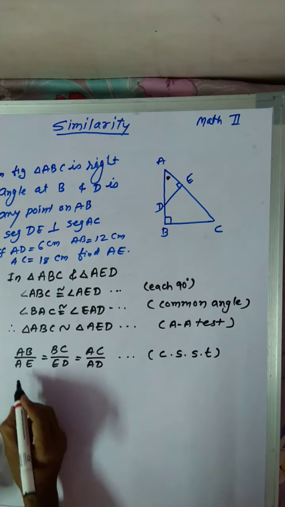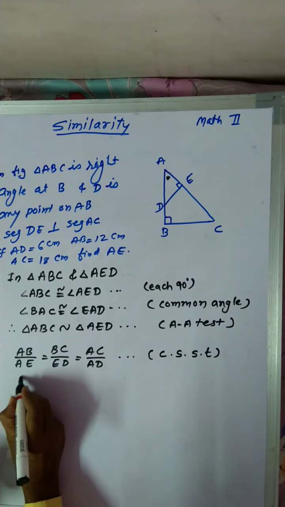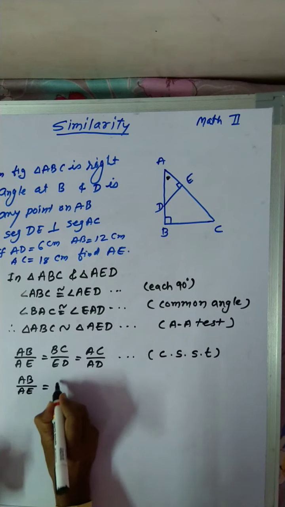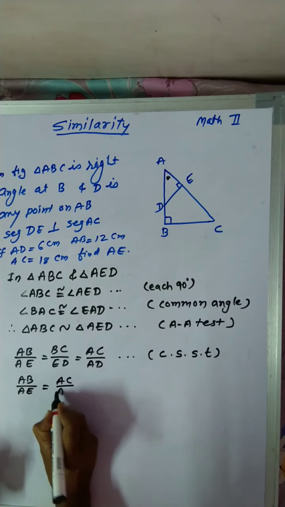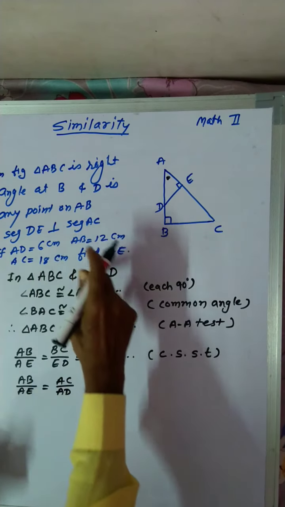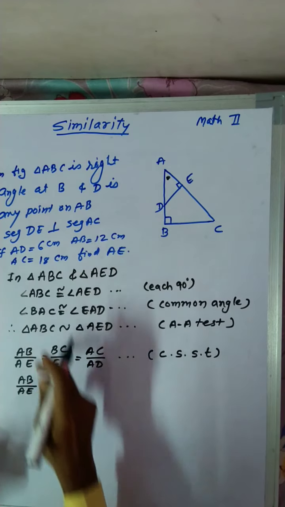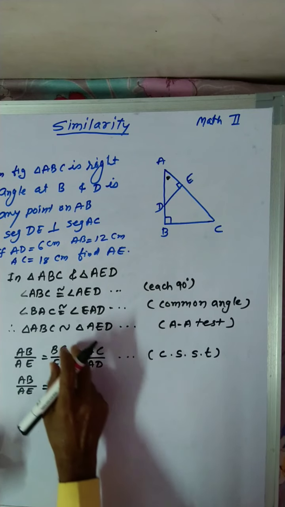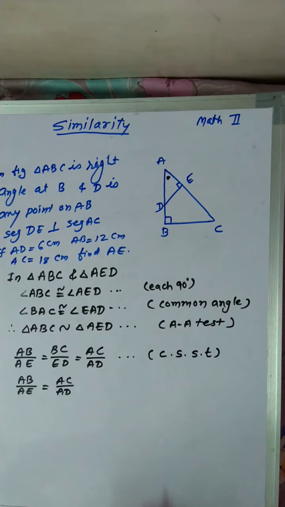BC and ED is not given, that means we have to take the first ratio. AB upon AE is equal to AC upon AD. The middle ratio is not there, hence we will not take that ratio.